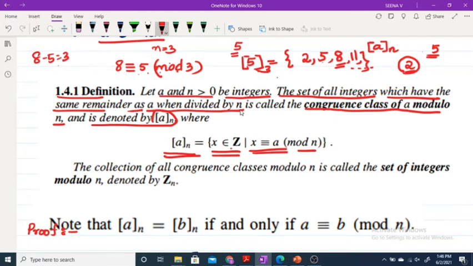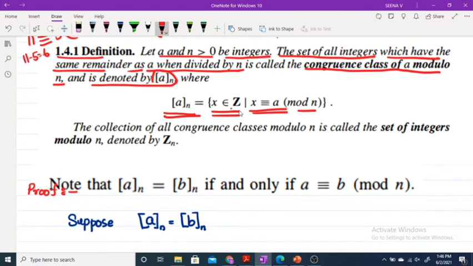Or if you take 11, 11 is congruent to 5 mod 3, because 11 minus 5 is equal to 6 and clearly 6 is divisible by 3.